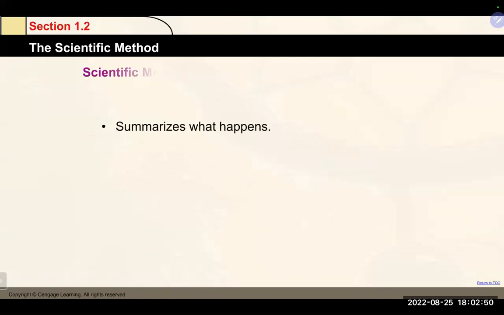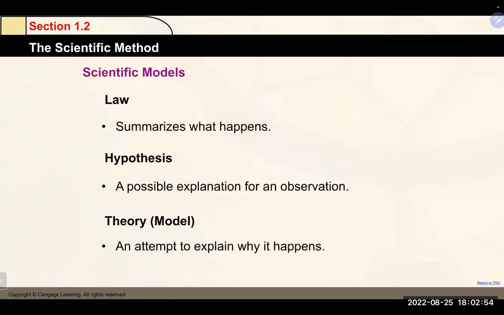As opposed to that, a law summarizes what happens. The difference between a law and a theory is that a law is pretty much like it always happens that way, and we're convinced that this is always the way it occurs. So we have something like the law of conservation of energy. We also have the law of conservation of mass, and it always occurs that way.